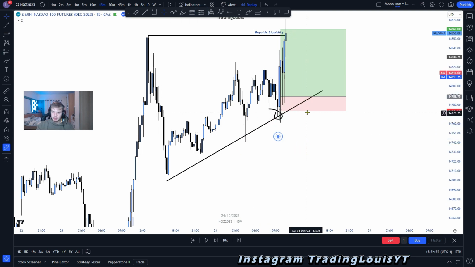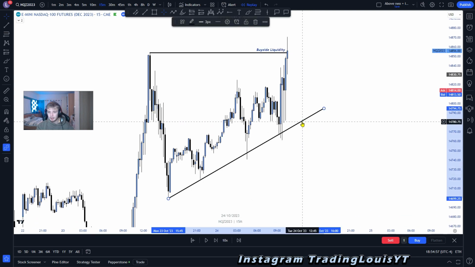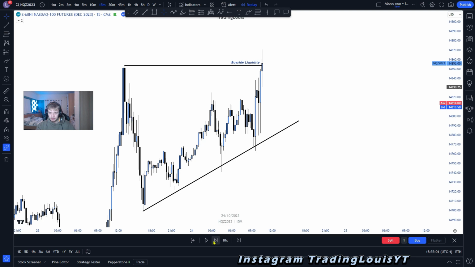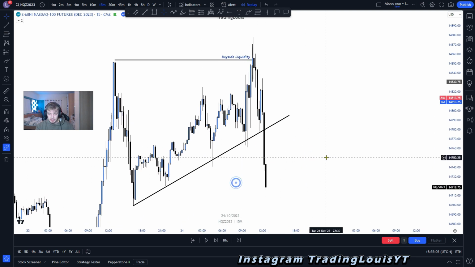It's just where stop losses are laying in the market, so it's most likely where price action wants to draw to. So if we carry on with price action, what it does is it takes that liquidity. Now, I don't want to go too advanced into it yet.